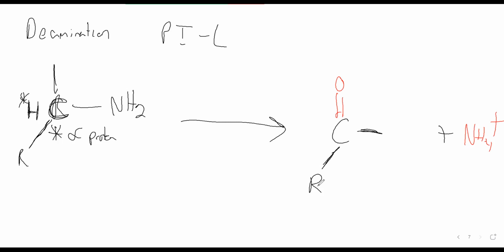So this is the deamination at its most basic form. You need the alpha proton. It's a phase 1 likely. You're going to be releasing ammonia, and you're installing a double bond in the place of this hydrogen and this NH2.